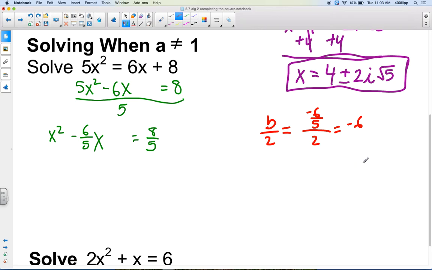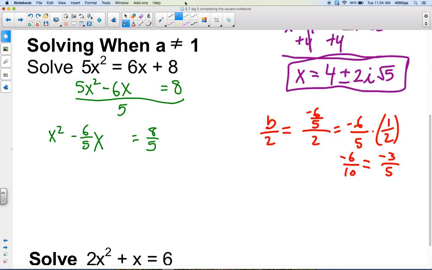So I have negative 6 over 5 times 1/2. So this is negative 6 over 10. And 2 goes into both the numerator and the denominator. So I get negative 3/5. That's b over 2.